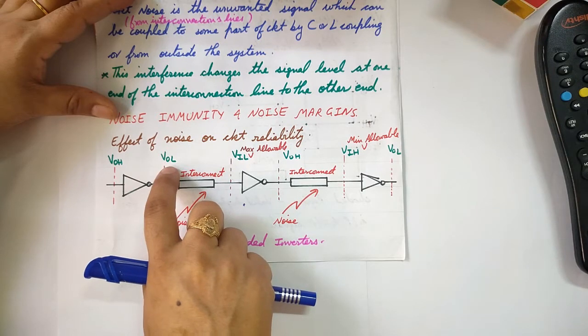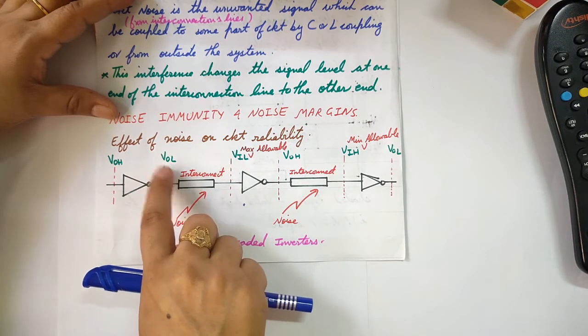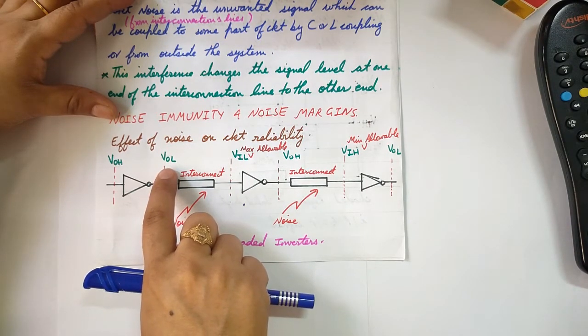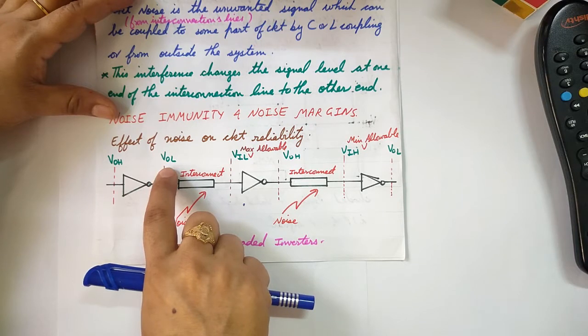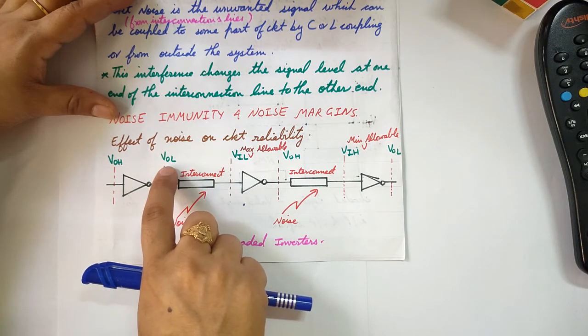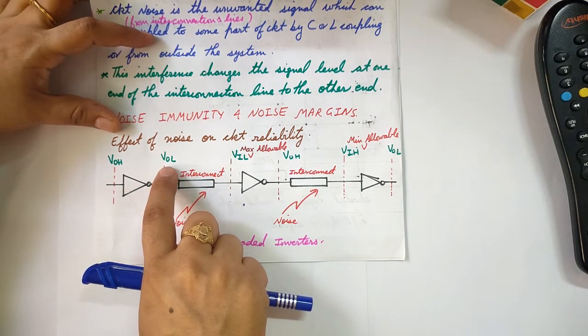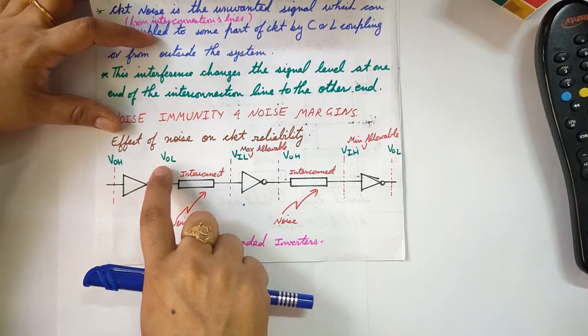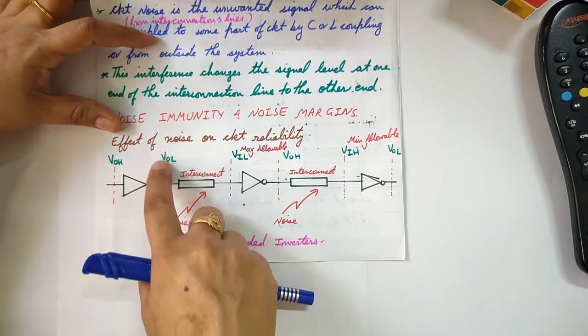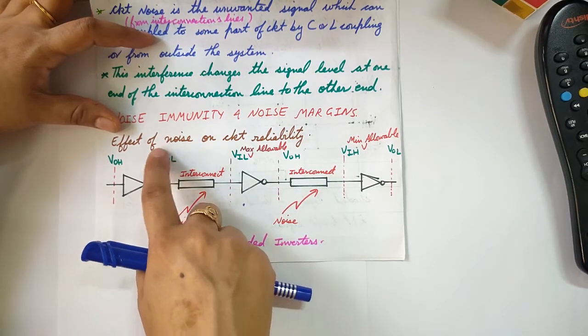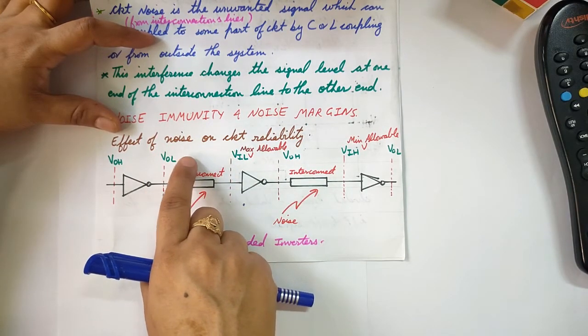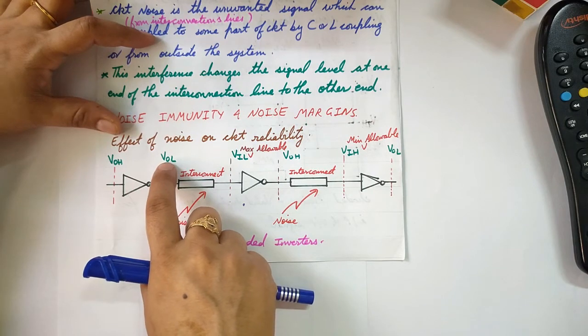If it decreases below VOL, then we have no problem, because if VOL is logic 0 and its voltage level decreases below VOL, it will still be a low signal, treated as logic 0. But if this VOL increases due to noise, this logic 0 signal is increasing in voltage. Now we have to see where this voltage reaches.